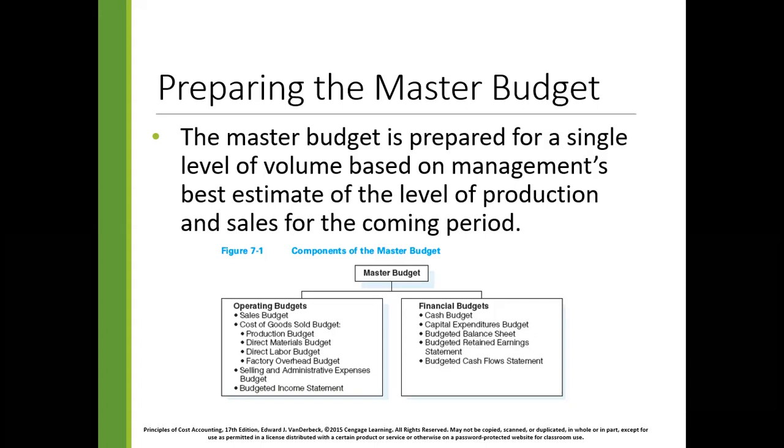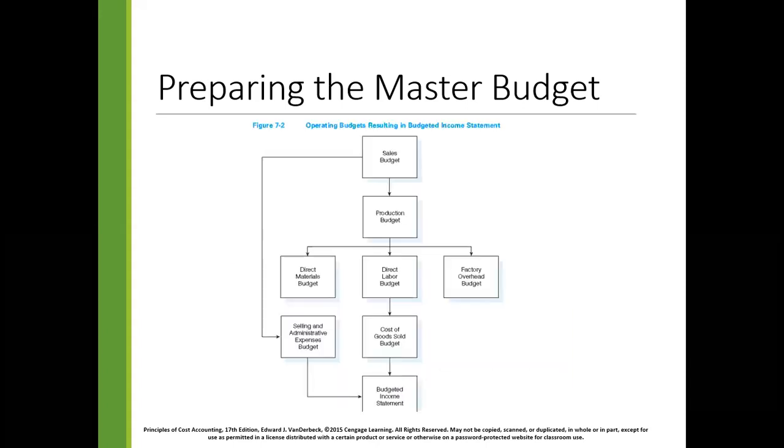Same thing, the budgeted income statement relates to, well, what do we expect to come in as revenue? That's our sales budget, how much we expect to earn in revenue. And then same thing with these financial budgets. So our cash budget, what we expect to have in cash receipts and cash disbursements, that's based on our sales budget. And again, some of these other things. So the sales budget is generally the first budget usually prepared in this process.